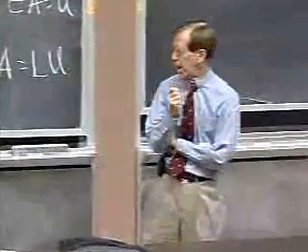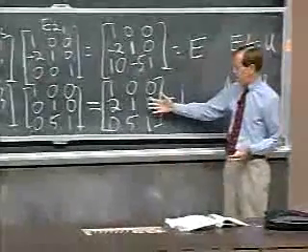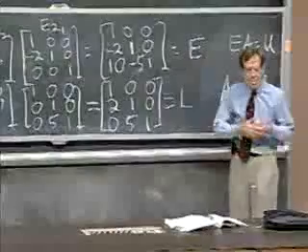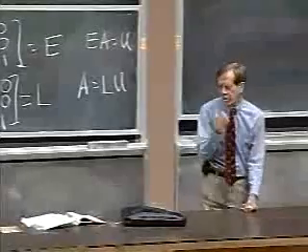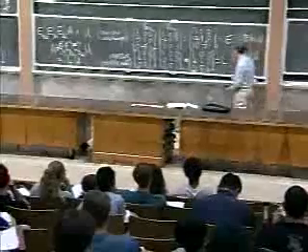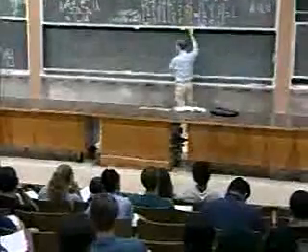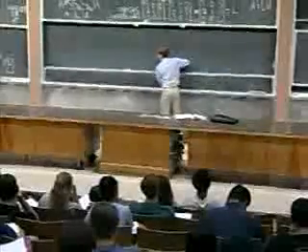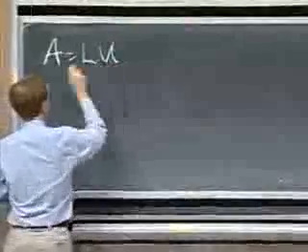That's the point. If I want to know L, I have no work to do. I just keep a record of what those multipliers were, and that gives me L. So let me say it. So this is the A equal LU.